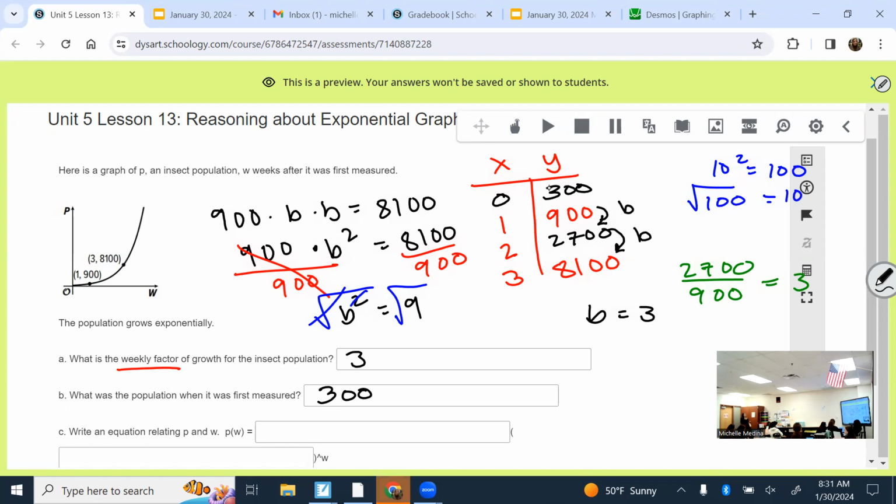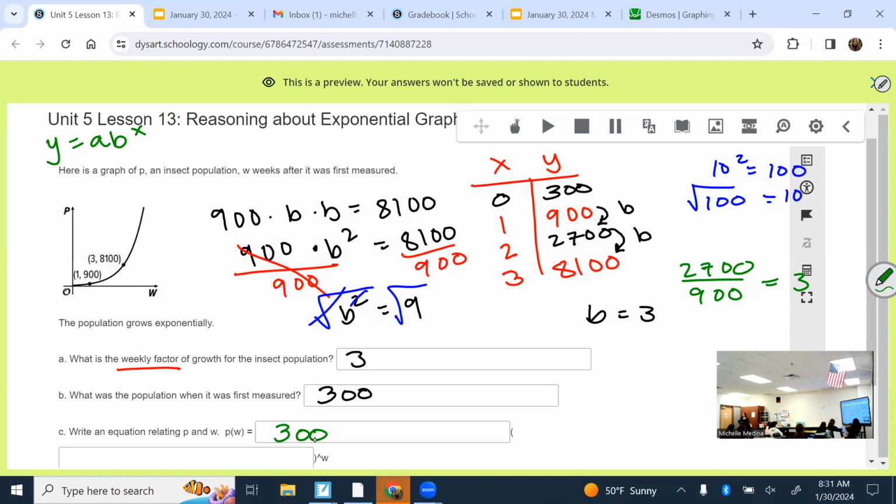It says write the equation now, because this is an exponential function. You need 2 things to make your equation for an exponential function. A, which stands for what? And what was my starting amount? So 300. They gave you some spaces so that you put them in the right spot.